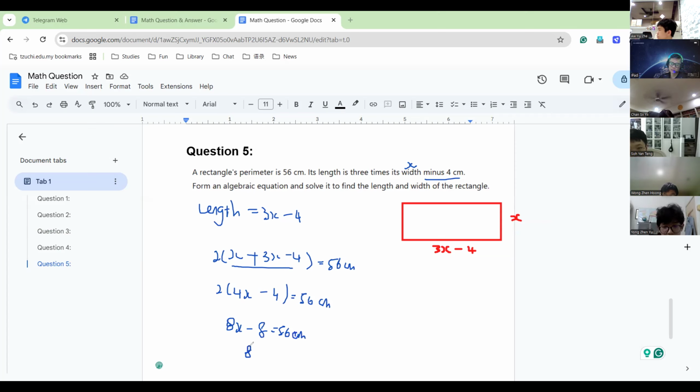And 8x, put this one over here, which will become 64 cm, and divide 64 by 8, which will get x equals 8 cm, which will be the width. Width is 8 cm. And when we look at the length, it will be 3 times 8 minus 4, which will get 20. So the length is 20 and the width is 8.